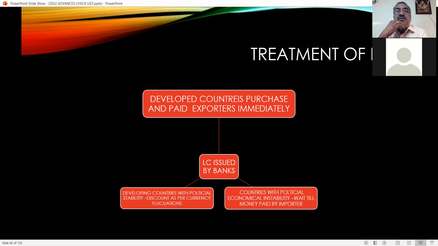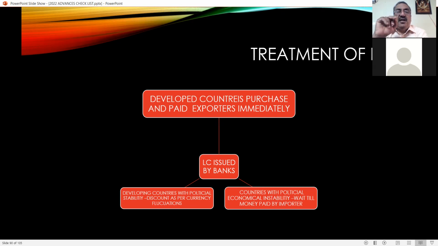Developed countries purchase and pay exporters immediately. Immediately, I don't want an LC, I pay the amount immediately. But for a developing country like India, with political stability, LC is being issued.